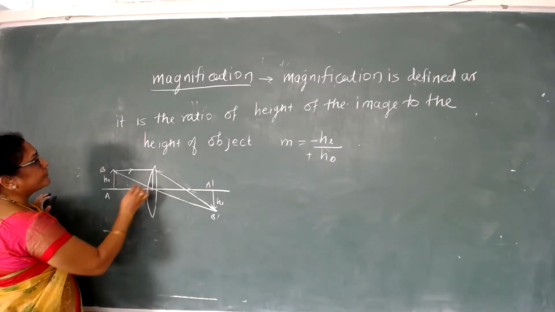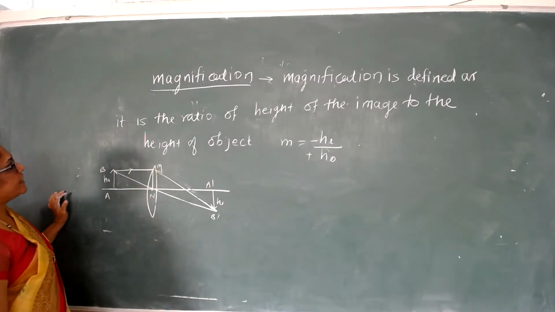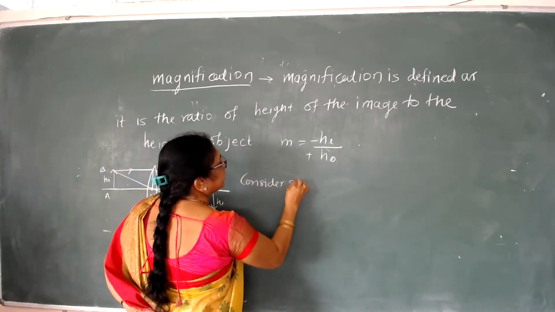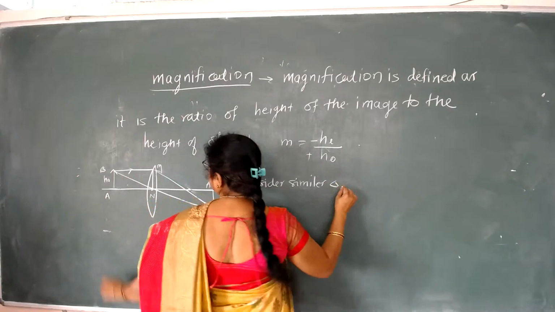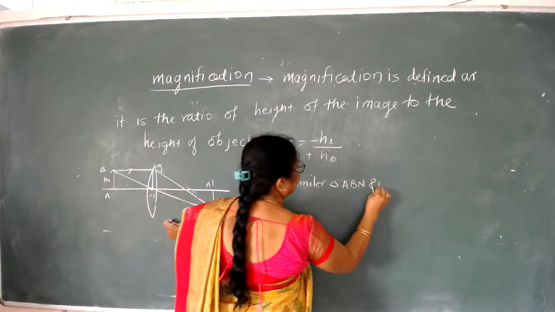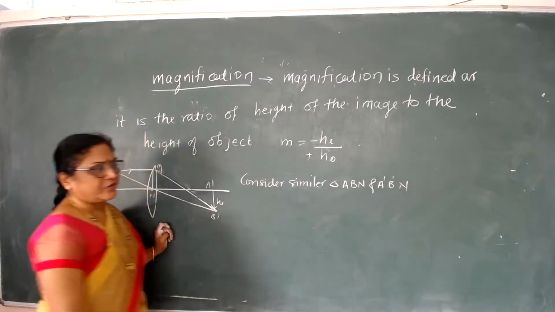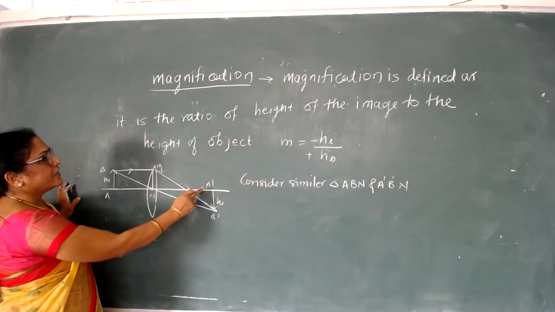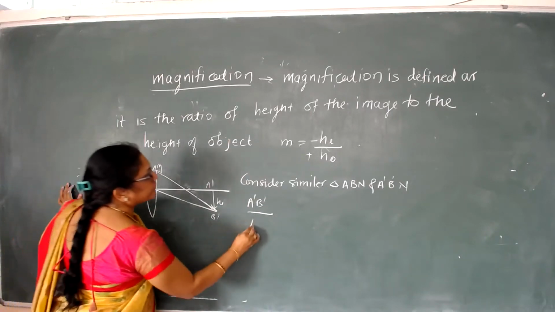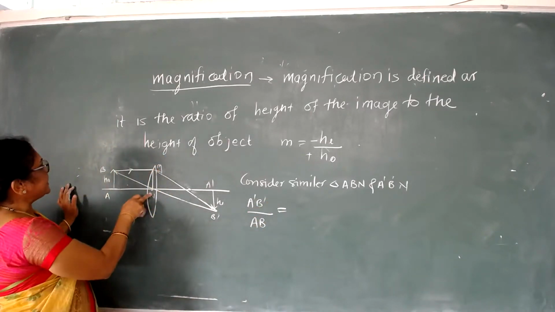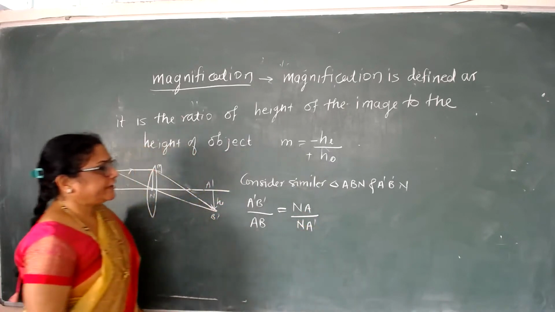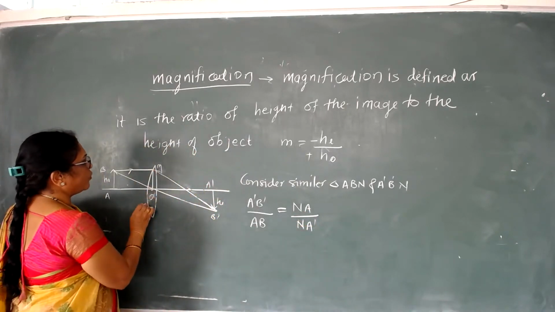To derive this ratio, consider the similar triangles ABM and A dash B dash M. So the height of the image, A dash B dash, divided by AB is equal to the other side, NA divided by NA dash. Otherwise, consider O as the optic center.